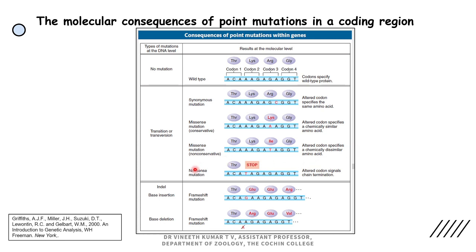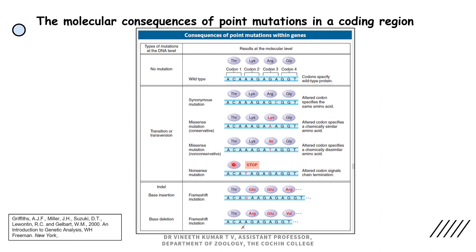Another type of substitution is called a nonsense mutation. Here you can see that in the first position, not the first codon, adenine is replaced by thymine, which is a transition. So this altered codon is specifying a stop codon.